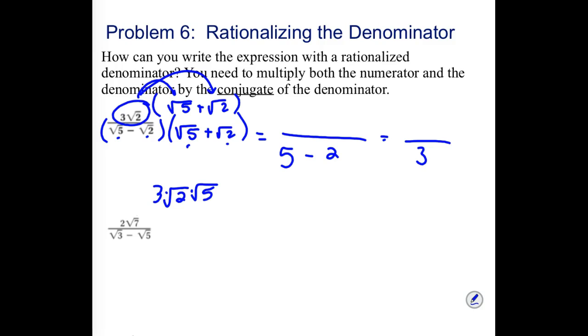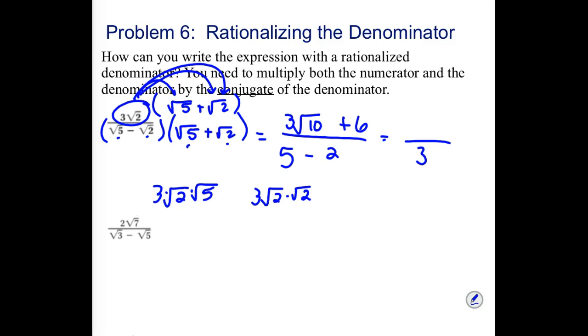So the root 2 times the root 5 can be combined and become root 10. Okay, so we're going to have 3 root 10. And then when we distribute it to this piece, what is 3 root 2 times root 2? Times, not add. 3 root 2 times another root 2. Okay, we have 3 root 4, but the square root of 4 is 2, so 3 times 2 is 6.